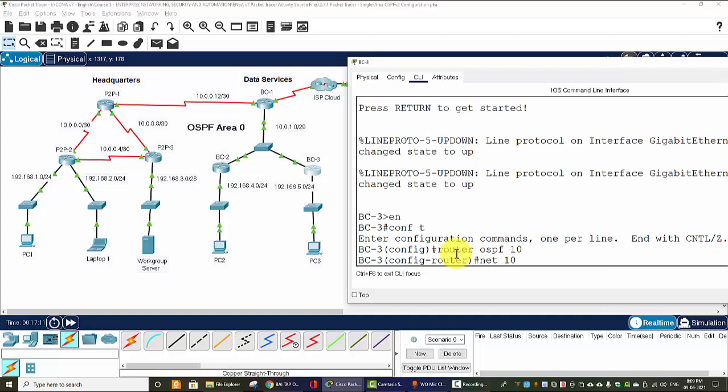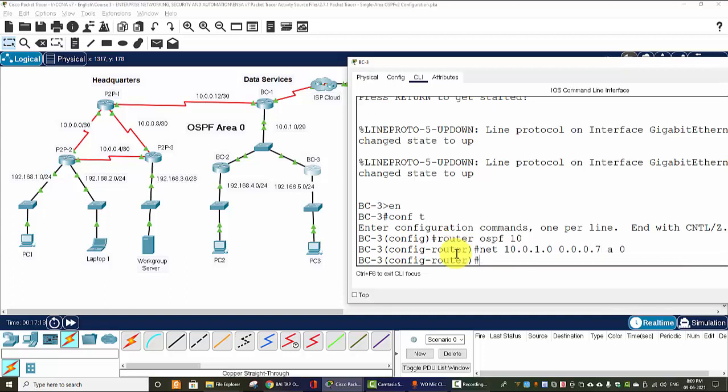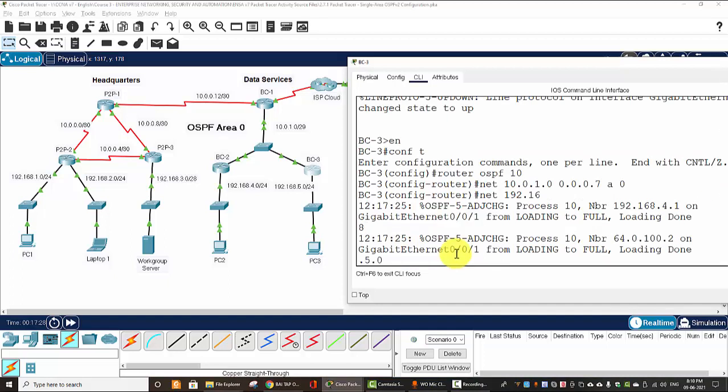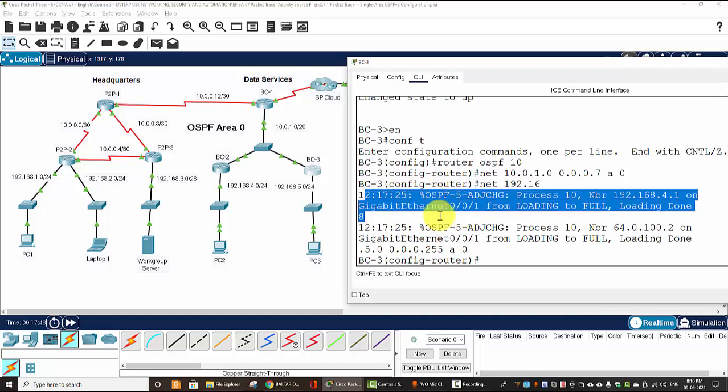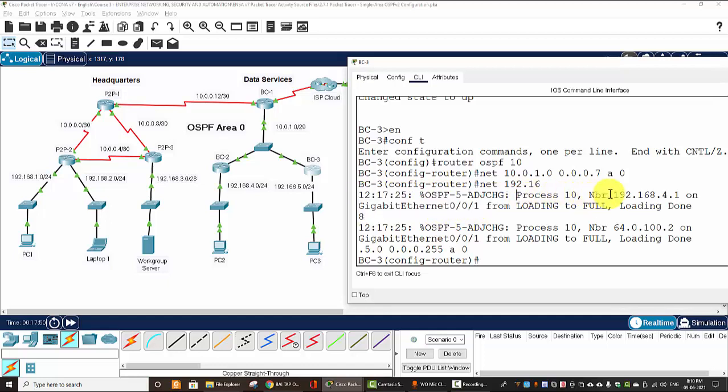So the first one is 10.0.1.0, and the second one we can enter the command, ignoring the log message. And here we can see the adjacency notification from the neighbor router.